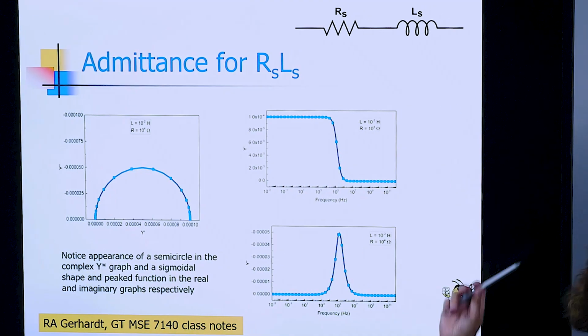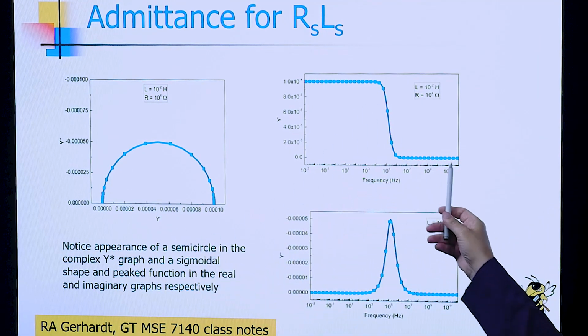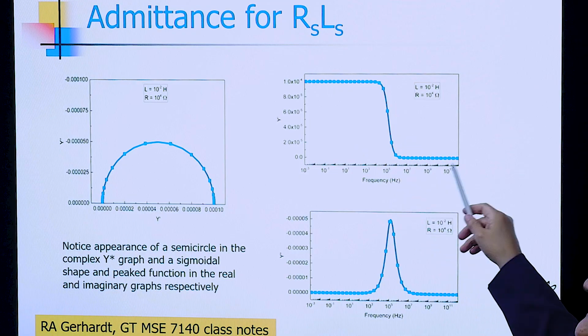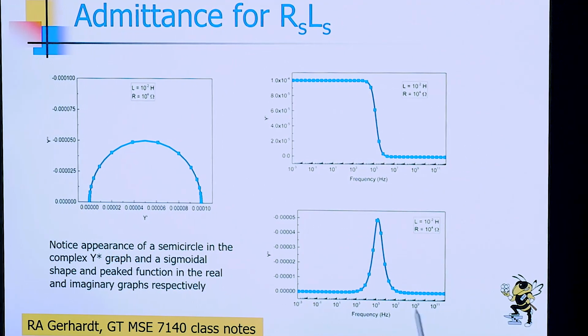This is continuing with a resistor and inductor in series. Lo and behold, if you convert it to admittance, which is the inverse of impedance, you now see a beautiful semicircle. And for the real and imaginary parts, we see a sigmoidal shape for the real part, and a peaked function for the imaginary part, okay?